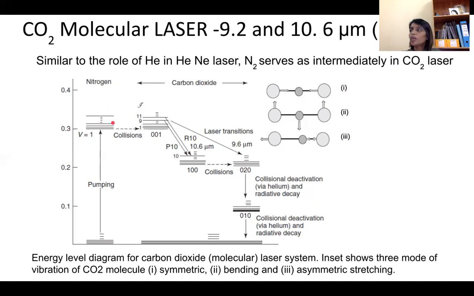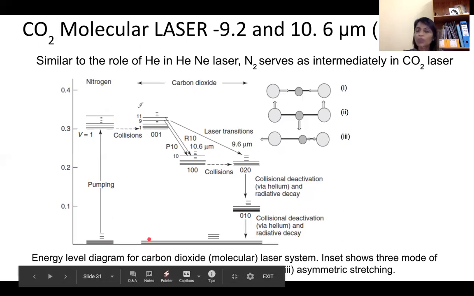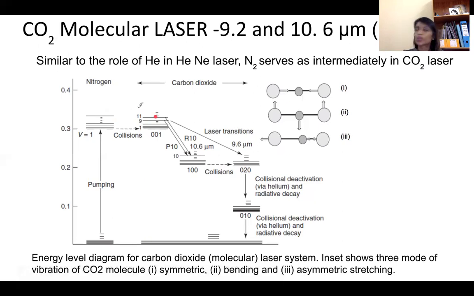Inelastically it will give out some of its energy to carbon dioxide, and then the ground state electrons will get excited to these metastable levels, and then lasing will happen, and then they will quickly decay to lower energy levels so that they can sustain the population inversion at this point.